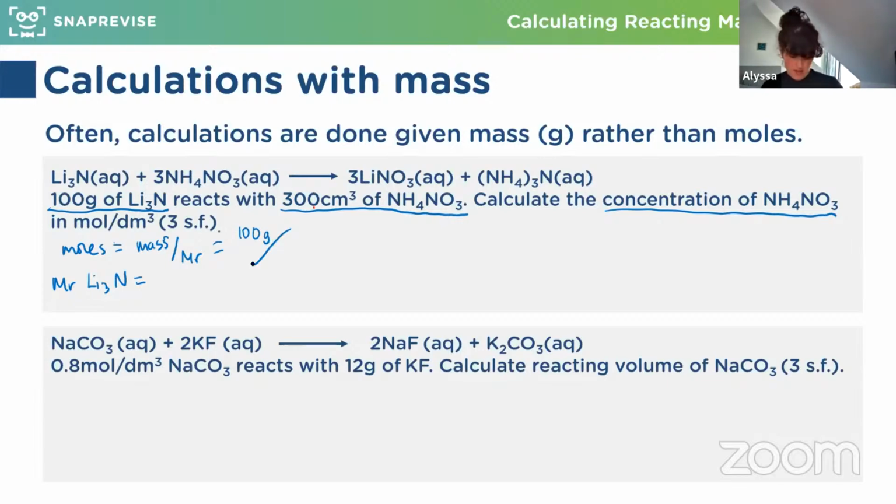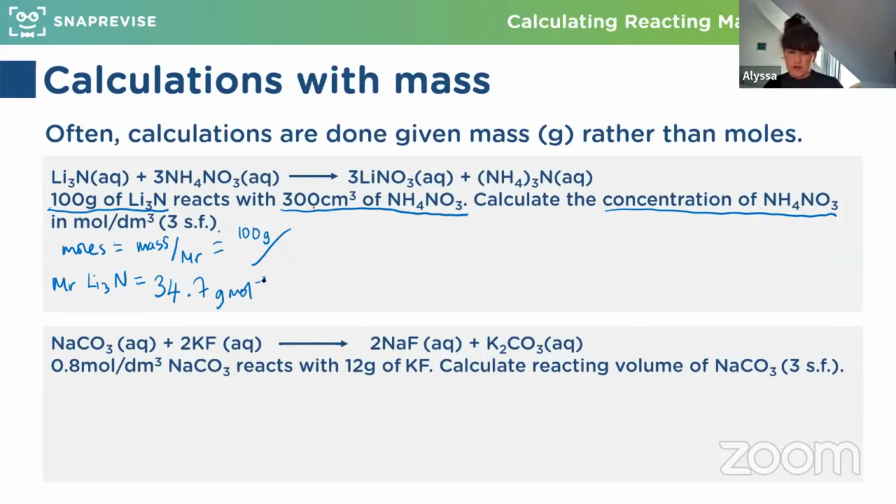I think lithium is 7, if I remember rightly. 7 point something. And then nitrogen is 14 point something. So 14.1 maybe. So what I've got written in front of me here is the molar mass of trilithium nitride is 34.7 grams per mole.